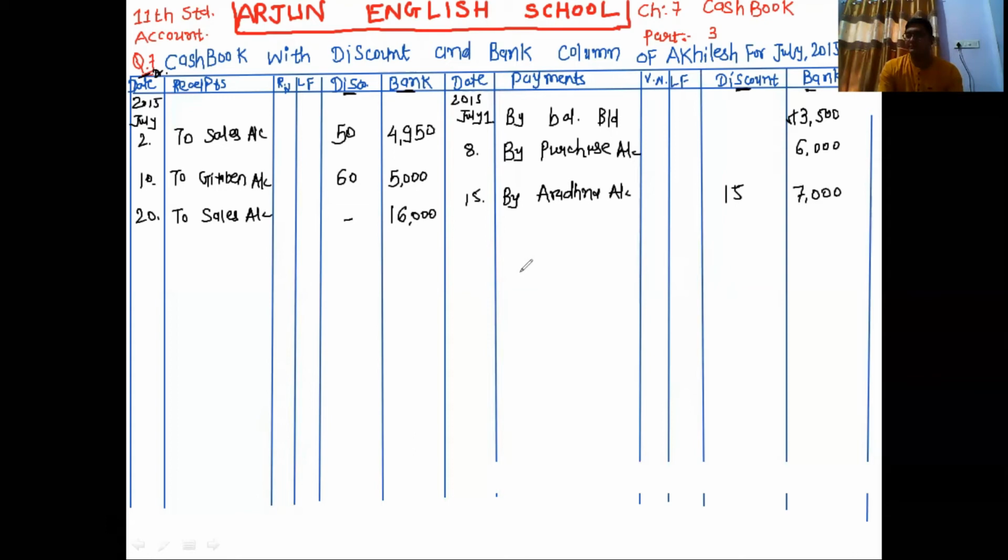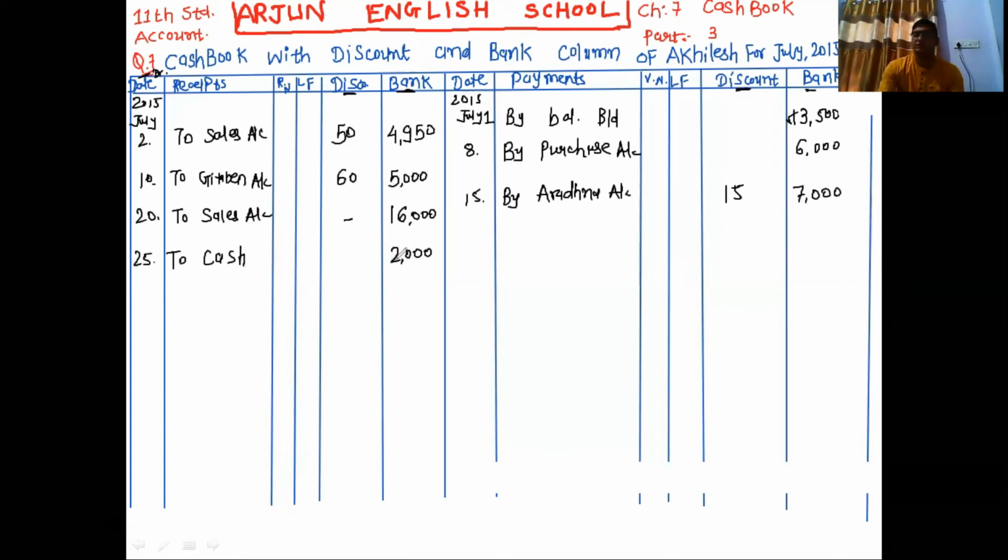Next, 25. Cash of 2,000 deposited in the bank. Here we deposited the cash into the bank. So the bank balance increases. Write down on the debit side 2,000, and date is 25. We have deposited cash, so we have to write down to cash.